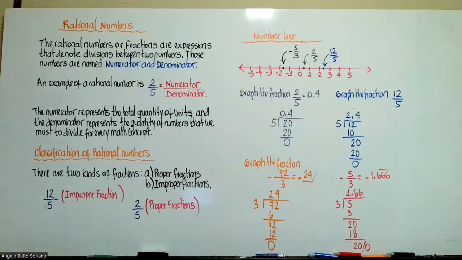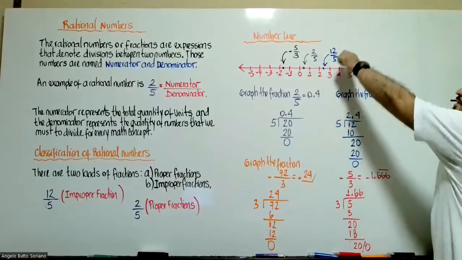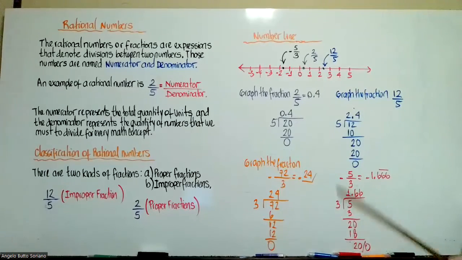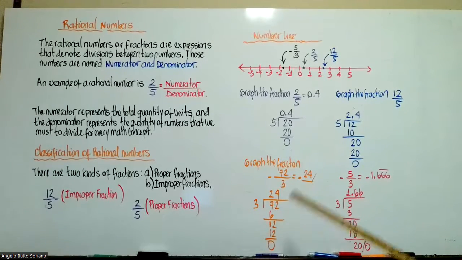Tenemos, por otro lado, la fracción impropia 12 quintos, que si dividimos 12 entre 5, ya conocemos el proceso perfectamente, nos quedaría el valor 2.4. Y el 2.4 estaría localizado entre el 2 y el 3. Mire, aquí tenemos ejemplos de decimales, pero ¿qué hay con los números enteros? Bueno, y los negativos.